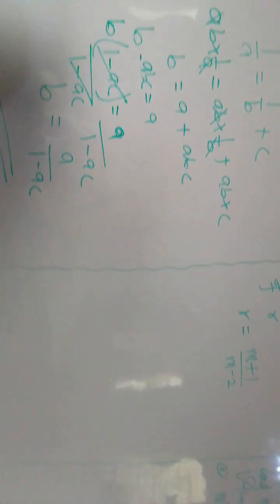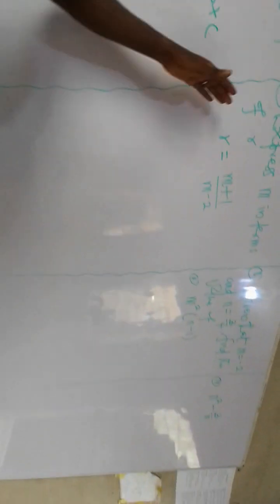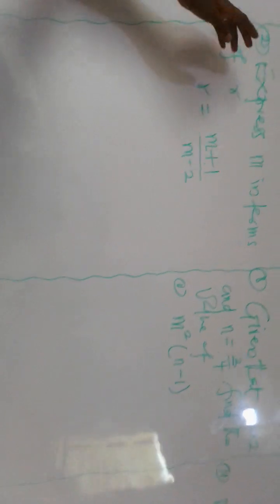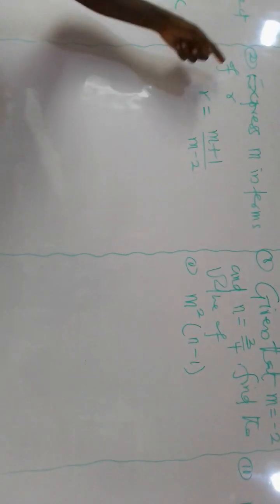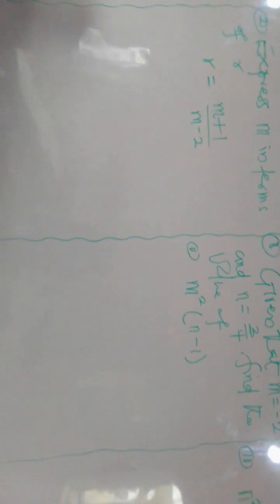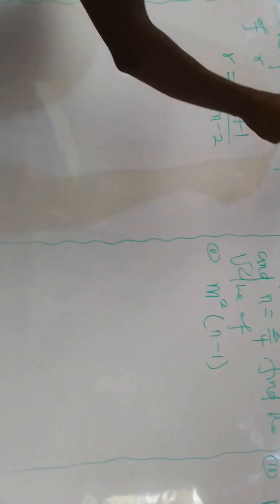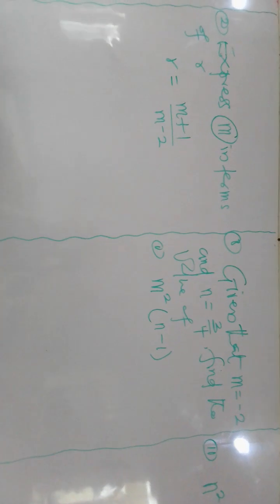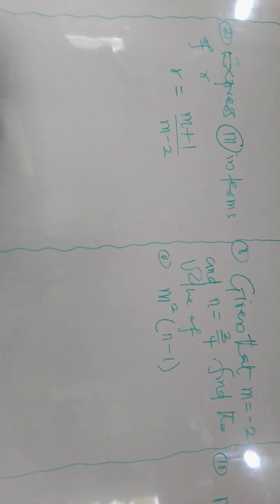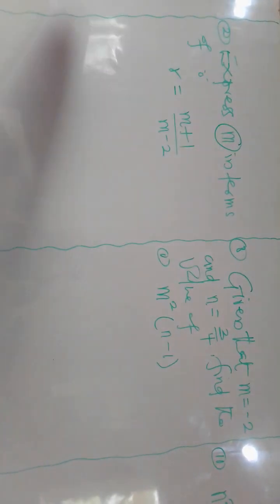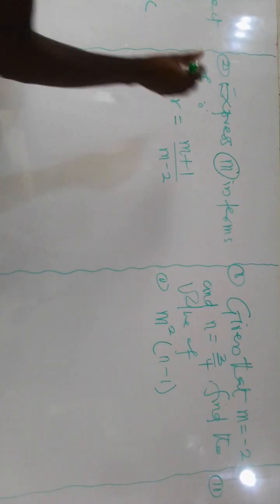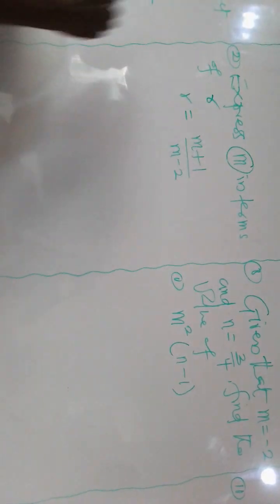Now let's go to question 2. The question says express M in terms of R. Now it means that make M the subject. That's all. That's the meaning of the sentence or the expression. Express M in terms of R. So it means that make M the subject.